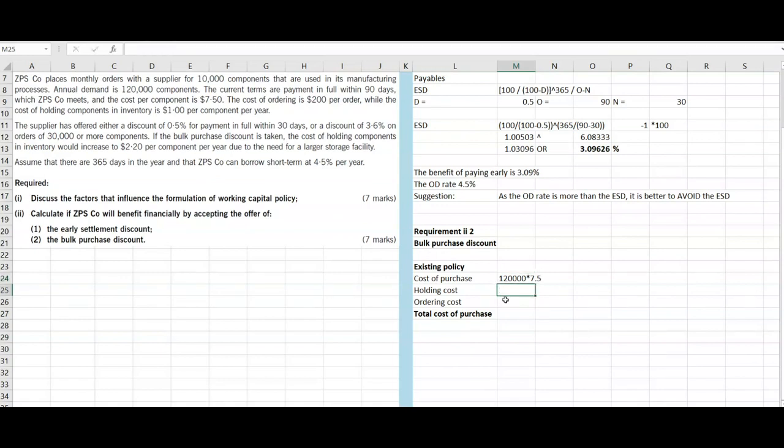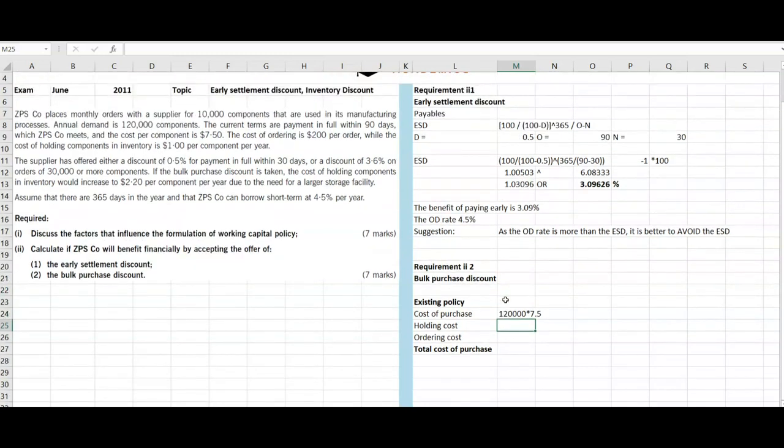The second one is the holding cost. So the holding cost is going to be, once we order, we get how many units? We'll get 10,000 units, and we'll hold these units until it becomes 0. Once it becomes 0, we'll again order, and again we'll get 10,000.